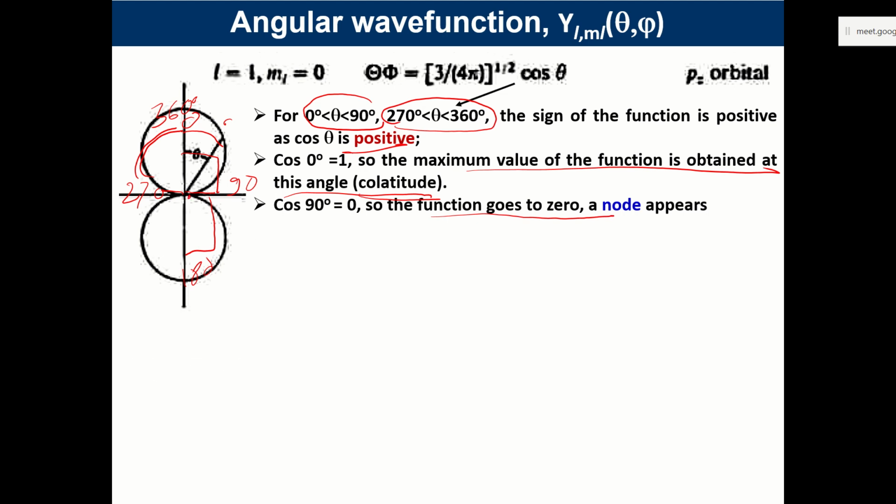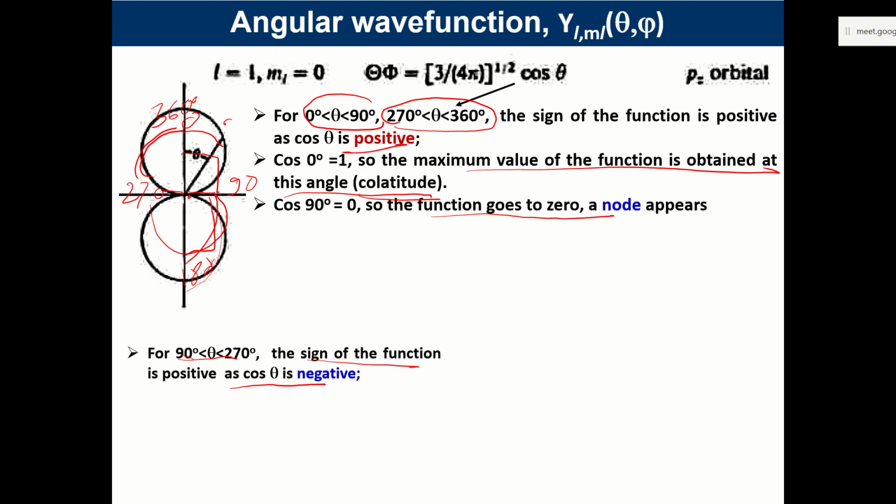Beyond 90 degrees, the sign of the function changes. From 90 to 270, we see this area. This is 90, this is 270.